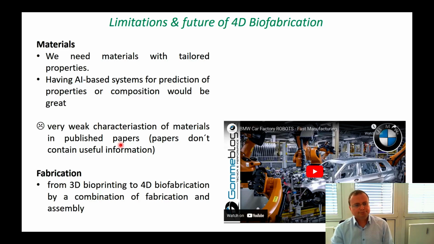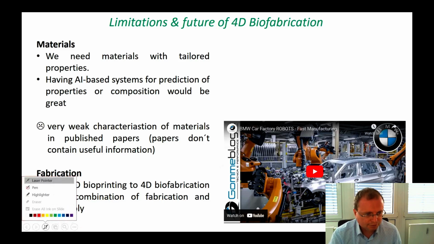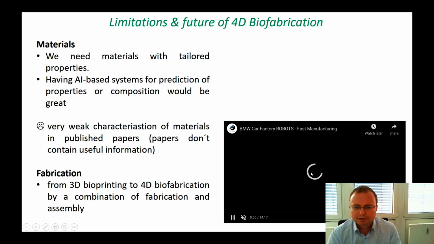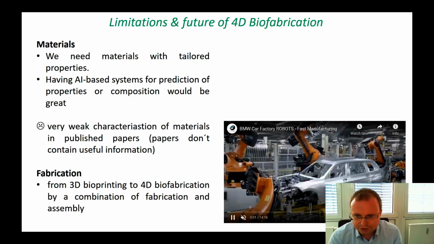And if we talk about fabrication approaches, many people like to use 3D bioprinting or 3D printing. I think it is simply one of the possible methods for fabrication of structures. Practically, we need to think a bit in a broader way and try to go like it is shown in this video, which is found on YouTube.